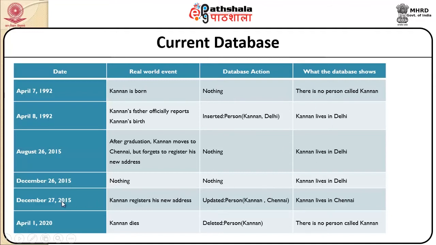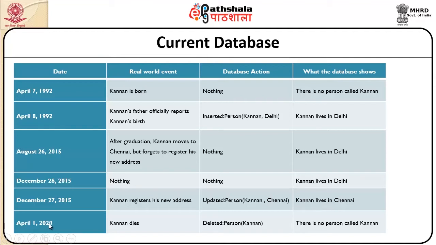But on 27th December 2015, that means after a day, Kannan registers his new address. That means I am trying to update this person Kannan who has transferred himself from Delhi to Chennai. So, now when I check, the database responds saying Kannan lives in Chennai.